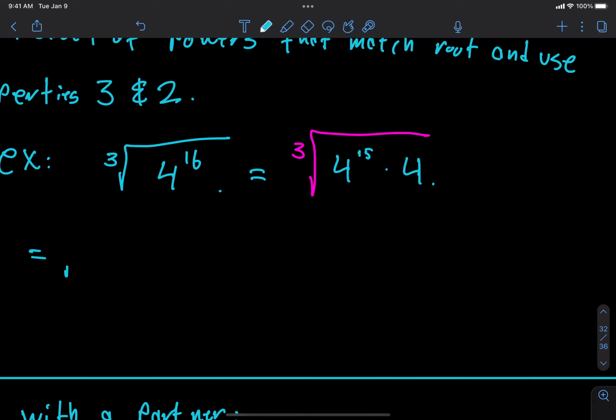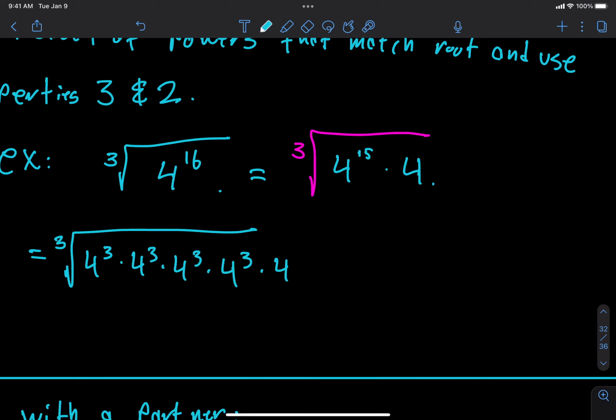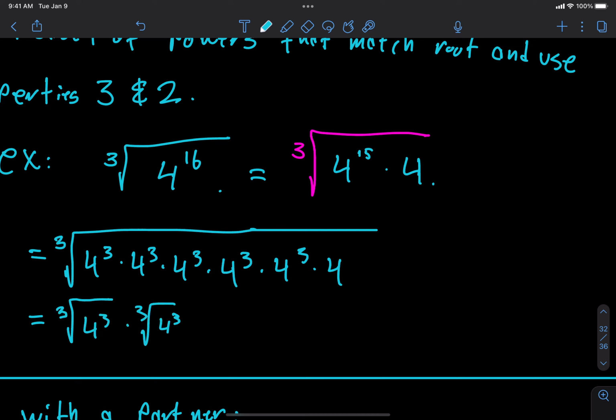I can rewrite this further as 4 cubed times 4 cubed times 4 cubed times 4 cubed times 4 cubed times 4. And now I can rewrite that as the cube root of 4 cubed times the cube root of 4 cubed, times the cube root of 4 cubed, and so on, times the cube root of 4.